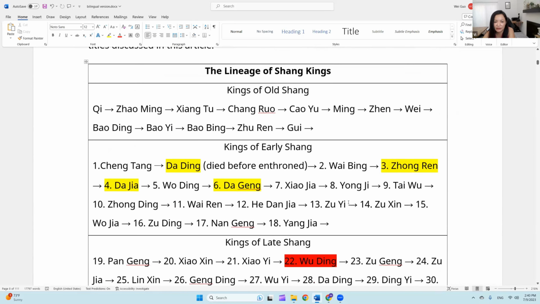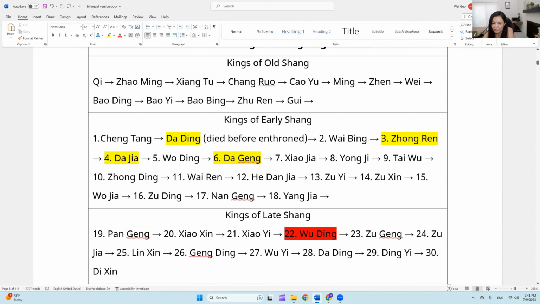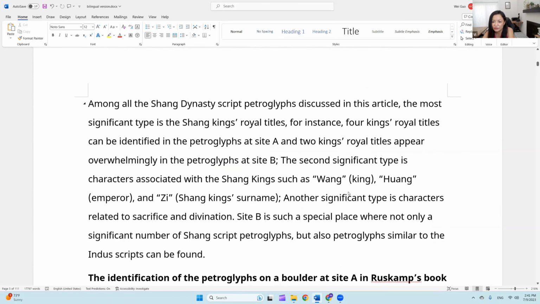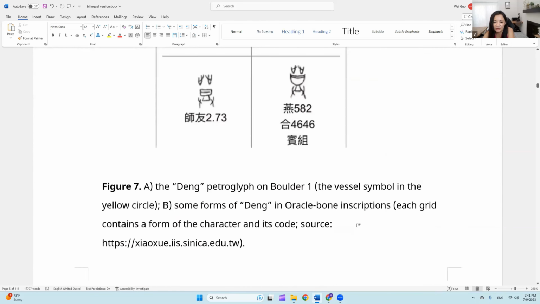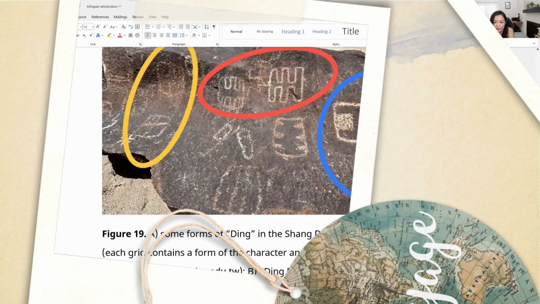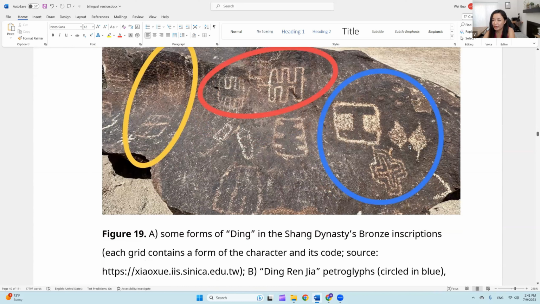So let's look at here. You see, after Da Ding, there's Zongren, then Da Jia. But you can also see after Da Jia, there is another Ding, and Geng, right? So after Ren was Jia, after Jia was another Ding. So Ding, Ren, Jia, and another Ding, right? So they are in consecutive lineage. So now exactly here on this border, you see Ren, Jia, Ding, right?